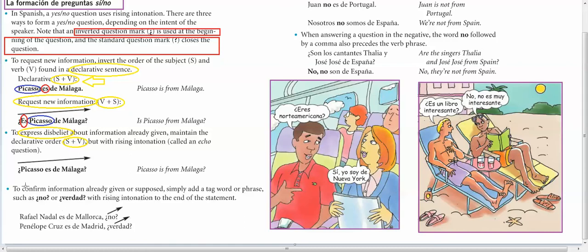You might also want to confirm information already given or supposed. And when you do that, you're just going to add a tag word or a phrase. Tag words are no and verdad.